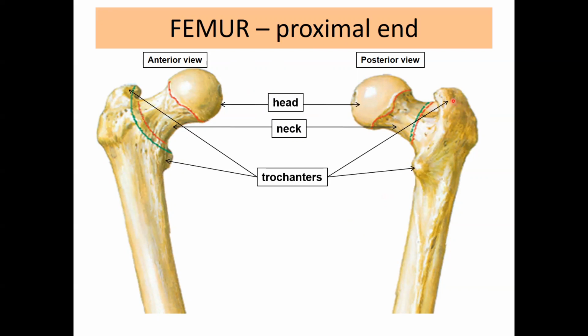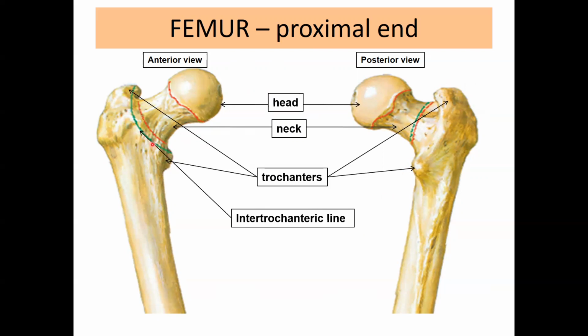There are also this kind of structures in the humerus, but there it is called a tubercle. So for the femur it is called a trochanter. This is the greater and this is the lesser trochanter. Anteriorly, in between the greater and lesser trochanter, there is the intertrochanteric line.